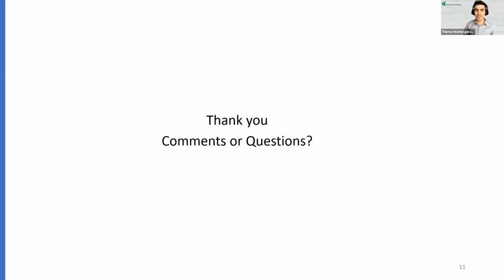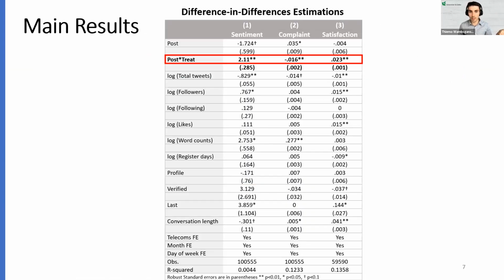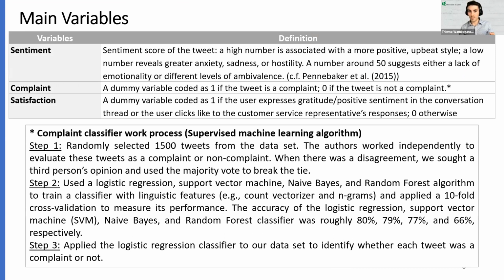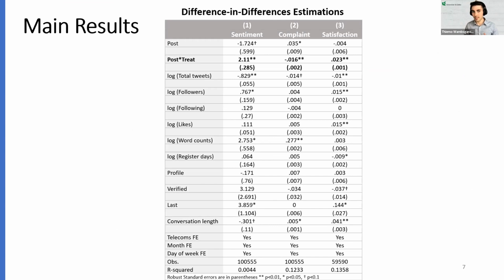Maybe I can start with a short question. I found the effects you found very interesting. Did I understand it right that the first variable was the sentiment, the polarity score of the tweet which you measured? The second one was the complaint, and the third one was the satisfaction, which is basically the polarity score if it's positive? I mean the measurement of the third variable, the satisfaction variable.